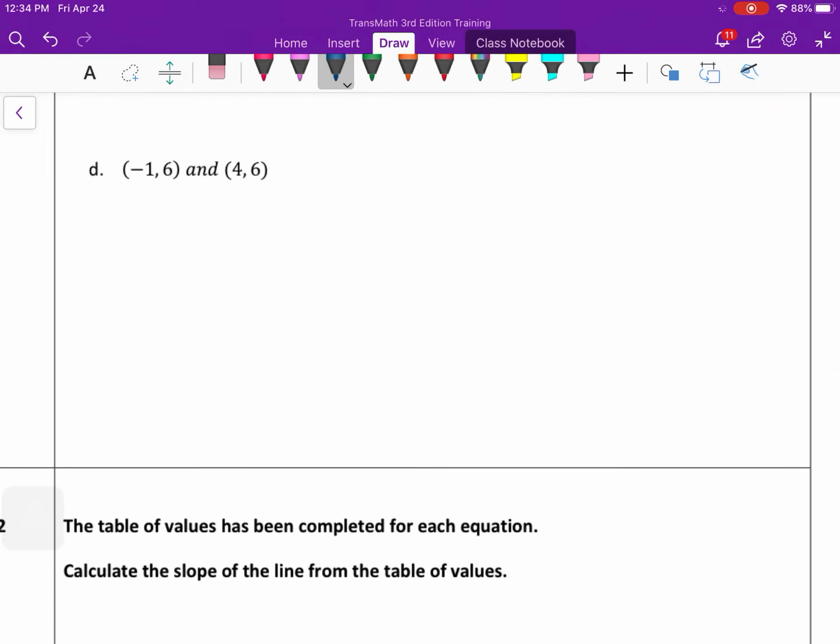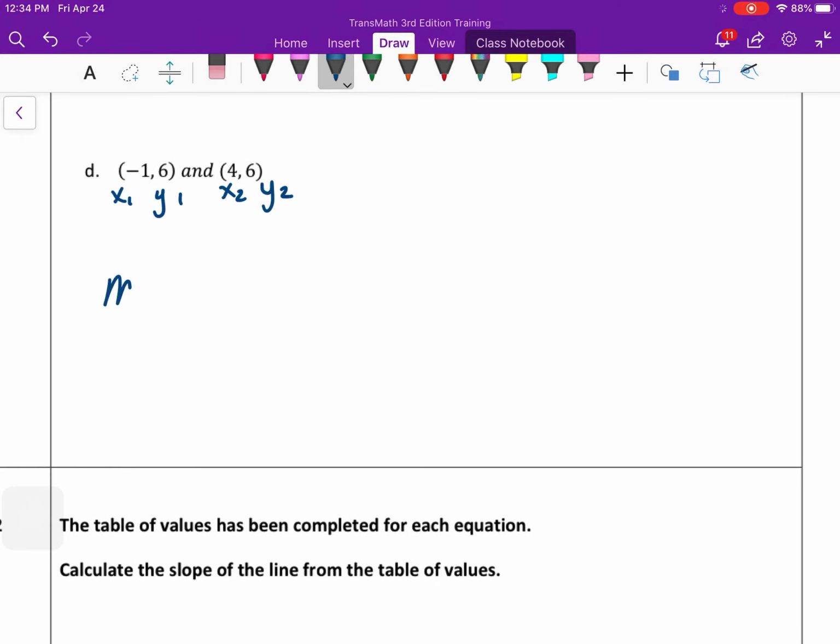All right, we're going to do one more. x1, y1 for the first point, x2, y2 for the second point. y2 minus y1, 6 minus 6 over x2 minus x1, 4 minus negative 1. 6 minus 6 is not 6. 6 minus 6 is 0. 4 minus negative 1 is the same thing as 4 plus 1, which is 5.